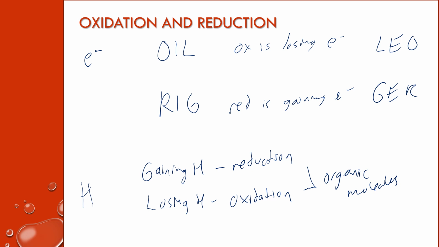If it's not an organic molecule, then we're more going to use proton chemistry, which would be in reactivity 1, acid-base reactions. But for this unit, for organic molecules, we can talk about the gaining of hydrogens being a reduction reaction or the losing of hydrogens being an oxidation.